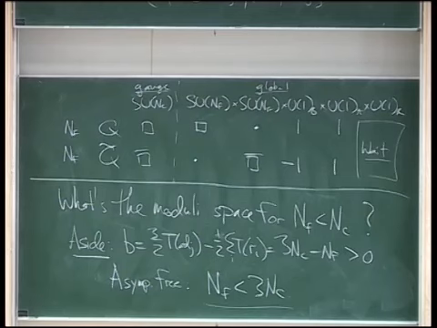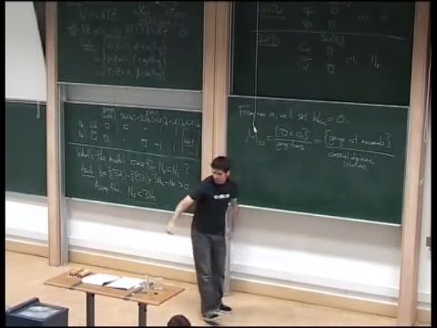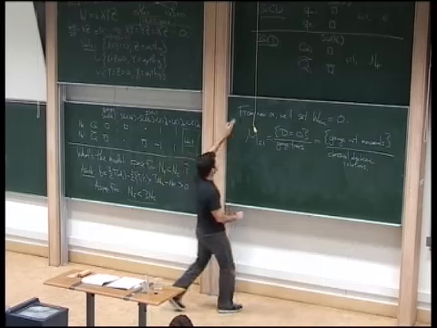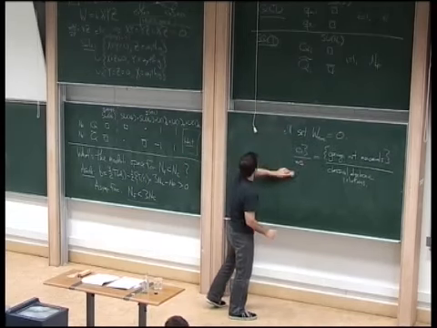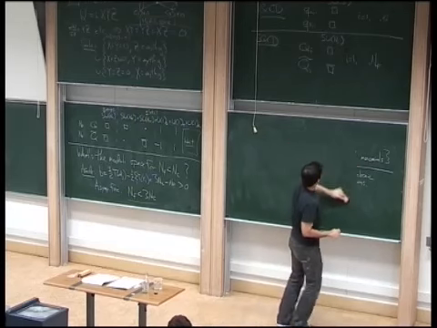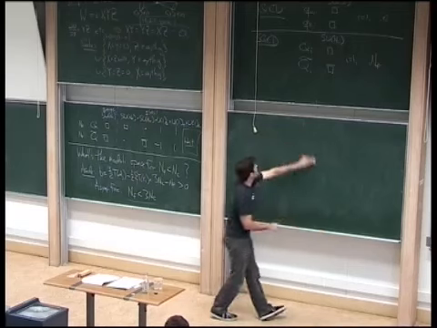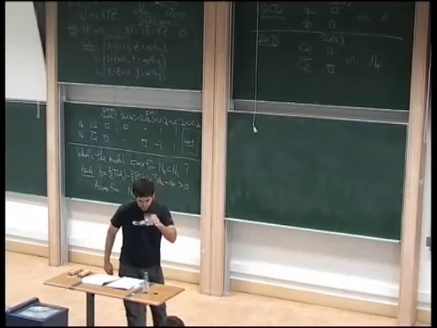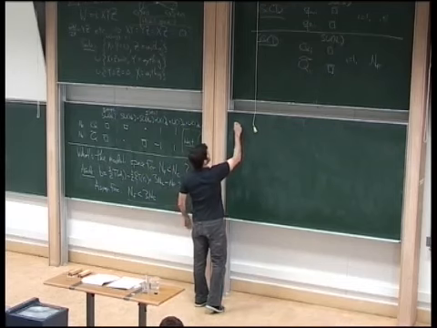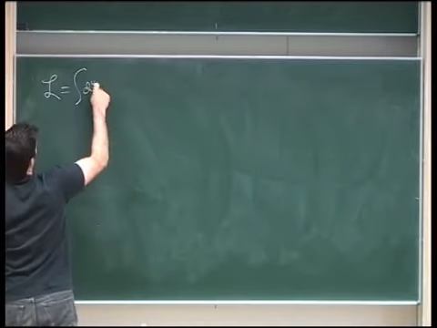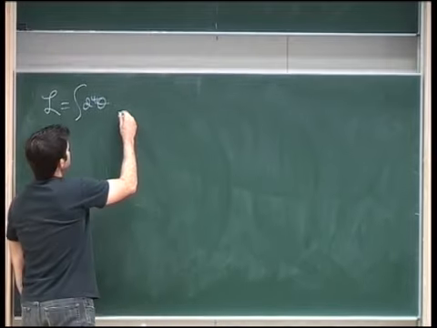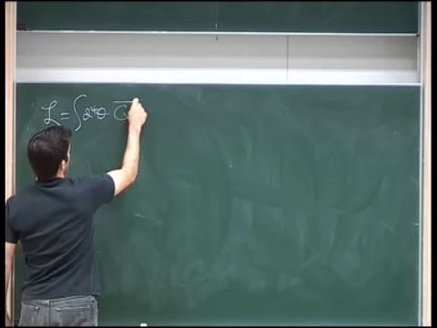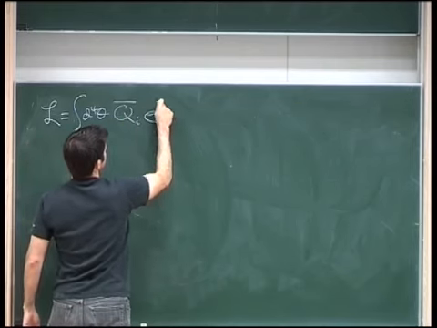All right, D terms. Let me, as I promised before, write out the Lagrangian. In my kinetic term, what do I have? I have some Q's transforming in the fundamental representation.